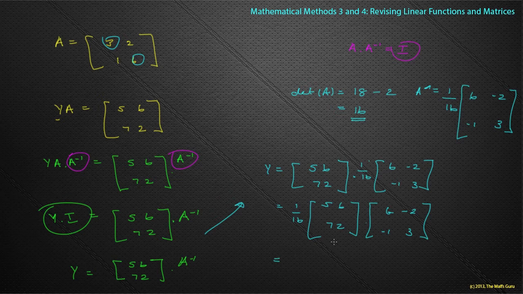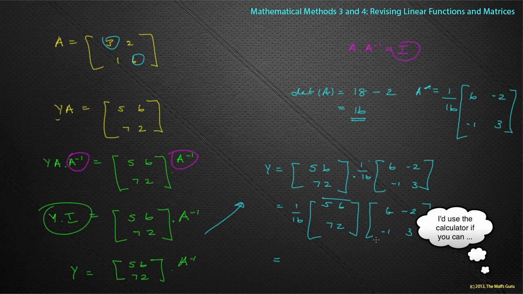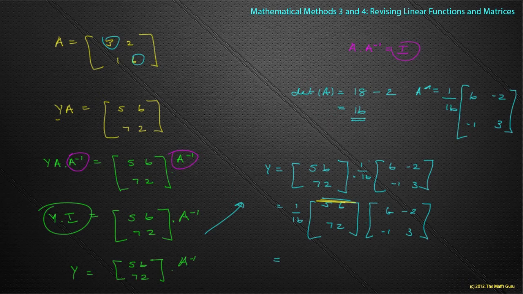And for brevity, you can either do that in your calculator or longhand, whereby what you do is top row times first column. Let's just use some colour. So we would use the top row times the first column, top row times the second column, bottom row times first, bottom times second.